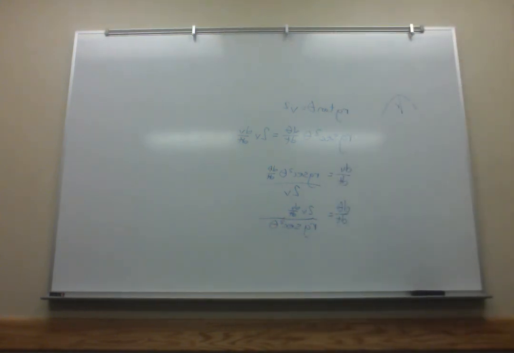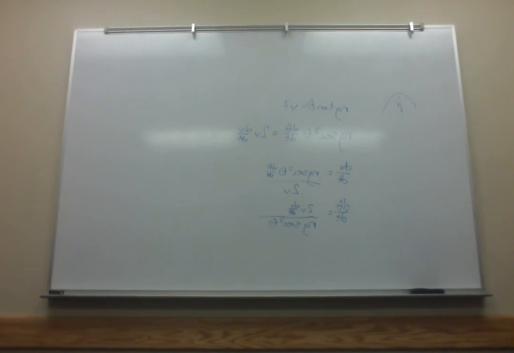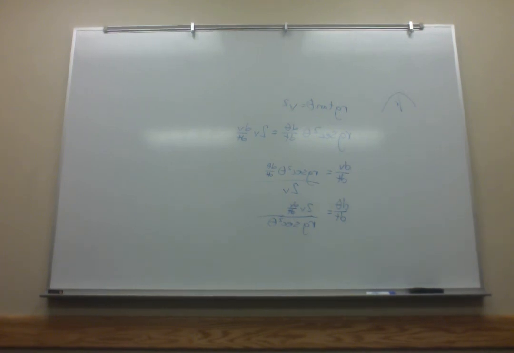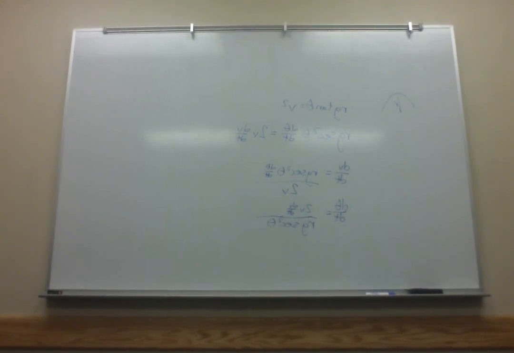Right? I'm sure I got the third one because I know I got the second one. Because I got dv over dt equals blah blah blah, so I assume I got the other one that's below it.